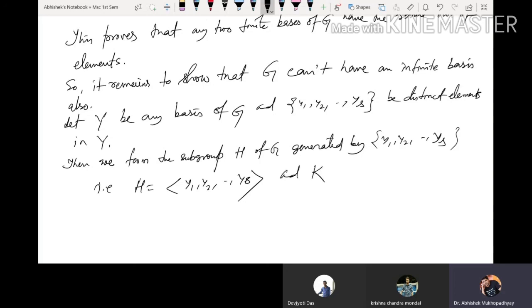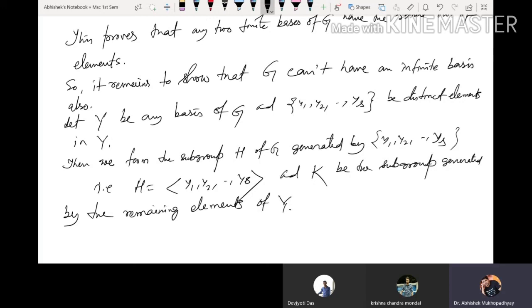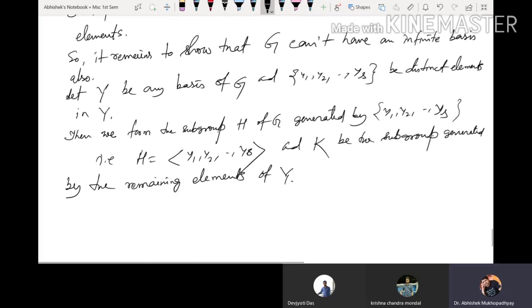And let us suppose K be the subgroup generated by the remaining elements of Y, that is, other than y1, y2, ..., ys. So elements of Y which are different from y1, y2, ..., ys.